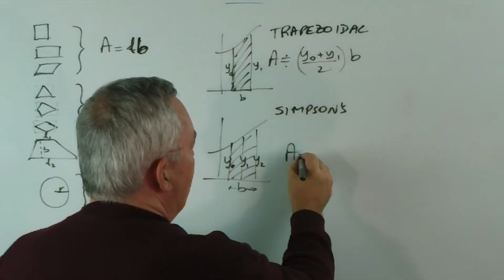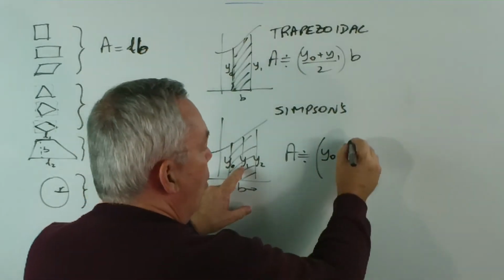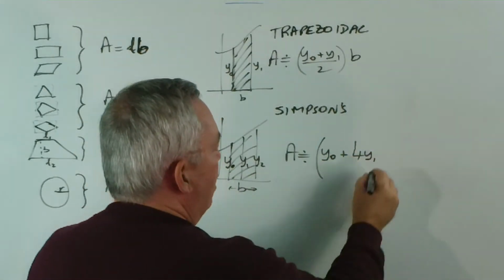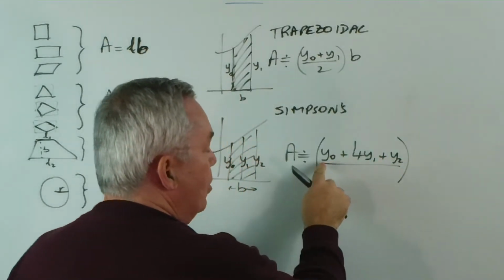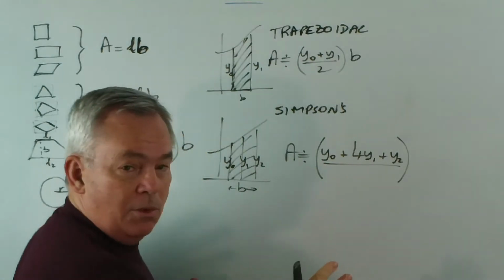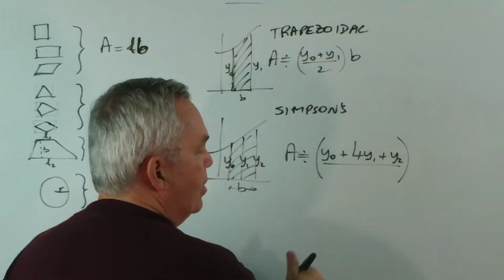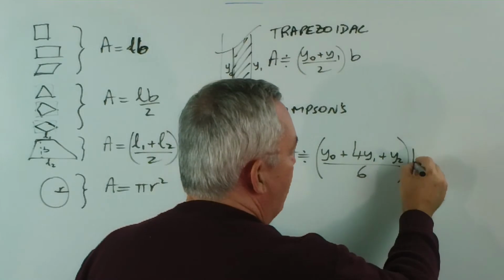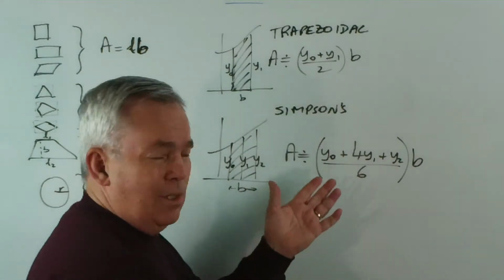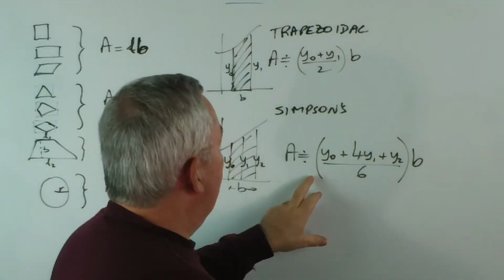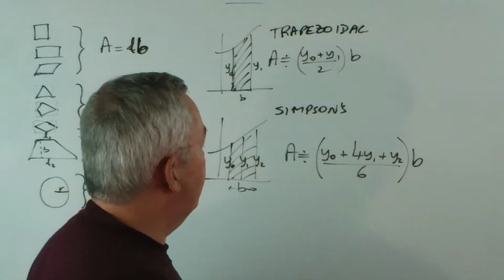And we worked out the area was approximately, this time, y0 and 4 lots of the middle value and y2, divided by, and because we now have not 1, not 2, not 3, but 1, 2 and 4 more, that's 6 lengths averaged, we divide by 6 times the breadth. And that was Simpson's rule. If you didn't see that video, you can go back and look at it. Again, that's pretty close to the standard notation actually, the Y notation.